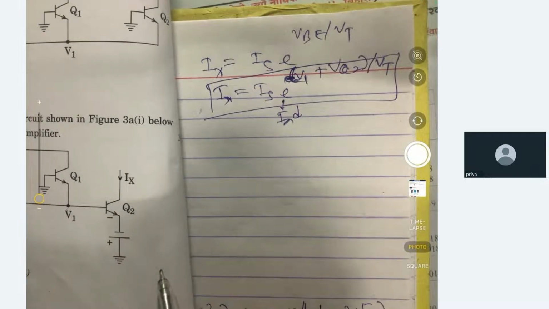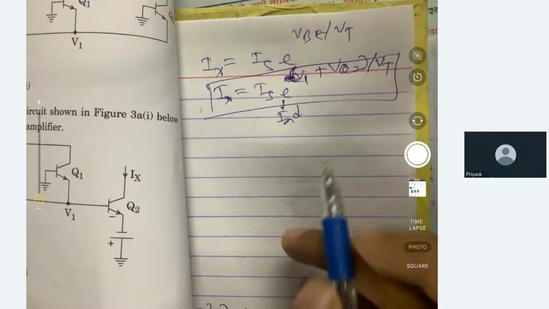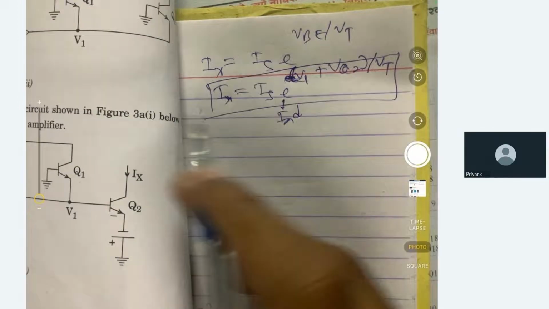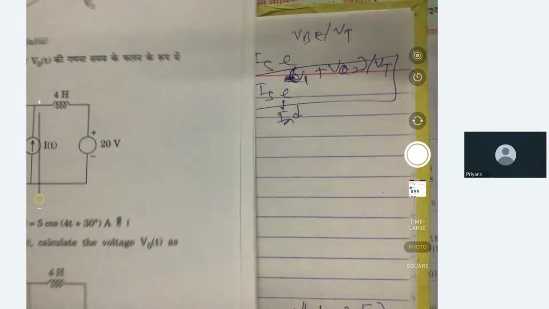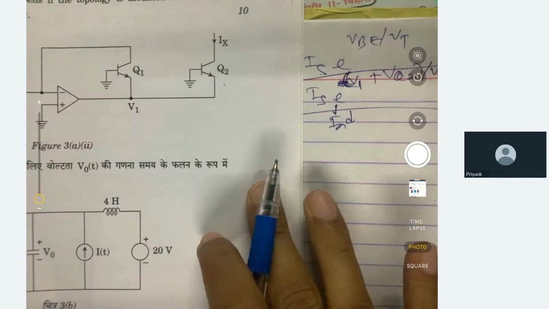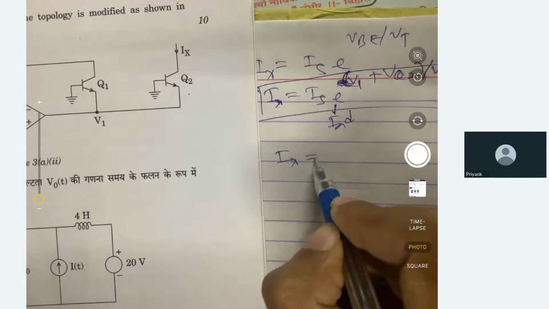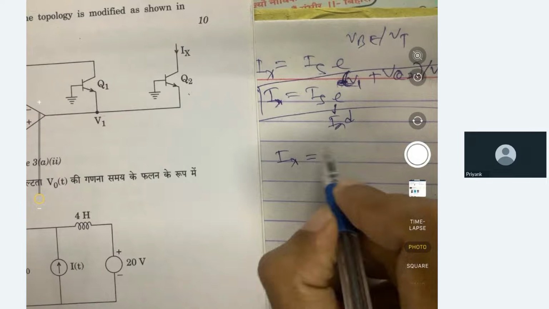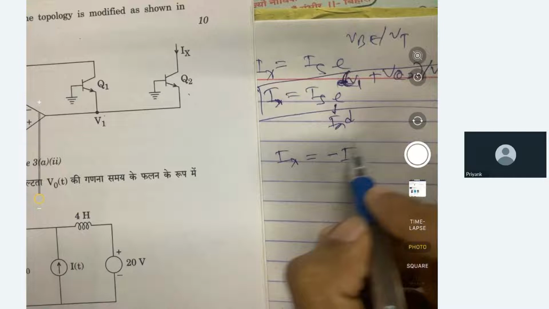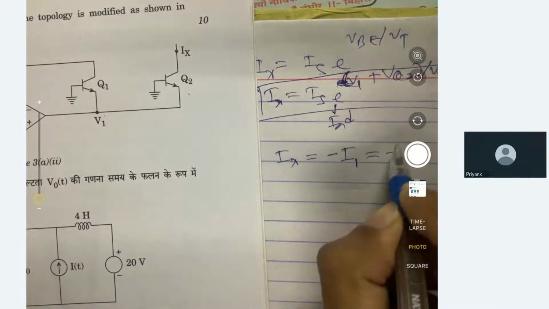Sorry. Okay. So this IX is independent of V reference in this part 1. However, in the second part, this will not be so, because in part 2, IX is equal to minus of this current value, whatever is flowing, let us say I1.